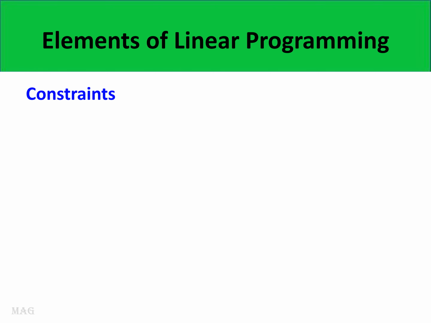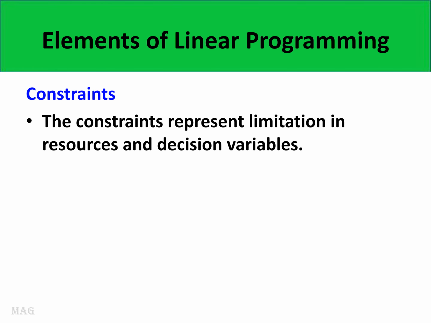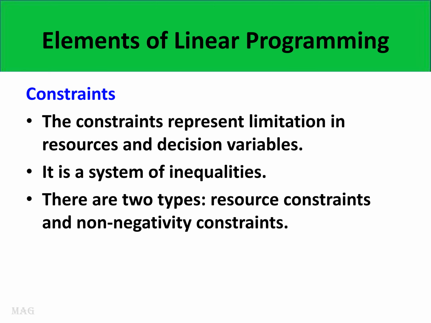The last element would be the constraints. Constraints represent limitations in resources and requirement values for the decision variables. Constraints are combined to form a system of linear inequalities. There are two types of constraints, the resource and the non-negativity constraints.